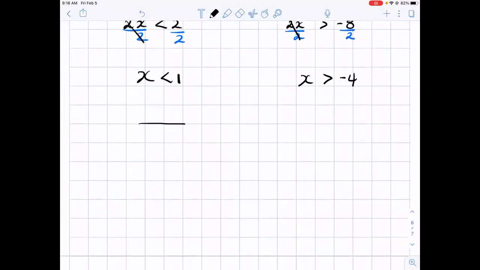So let's look at our graphical solution. You don't have to do the graphical, but with the graphical you get the interval. Here is 0. Let's say here is 1. X is less than 1, so we don't need brackets. My arrow will be going towards the left.